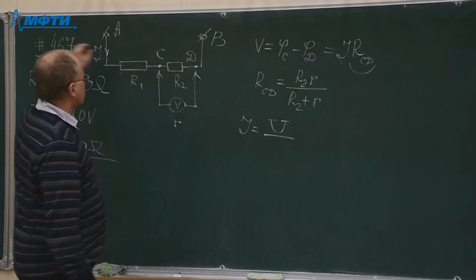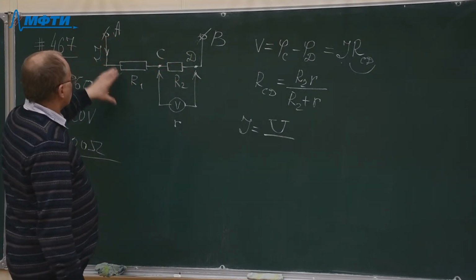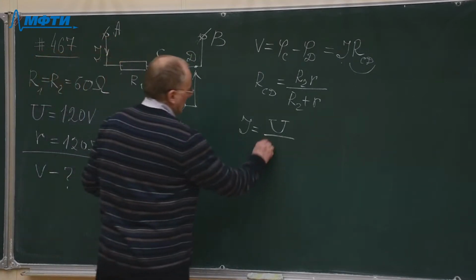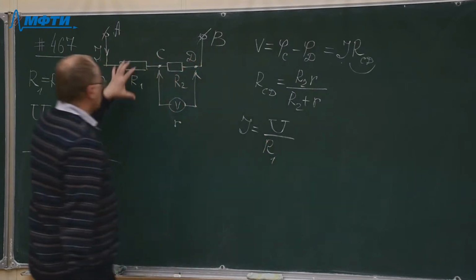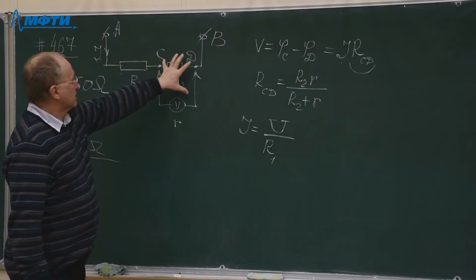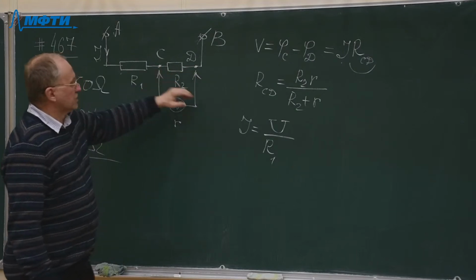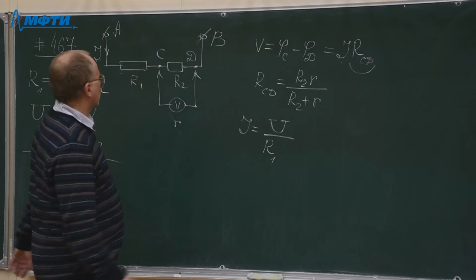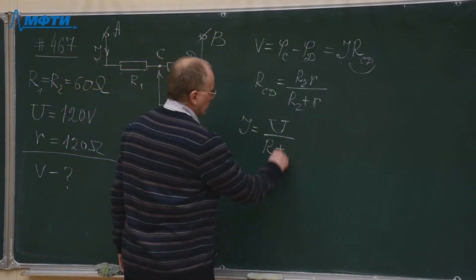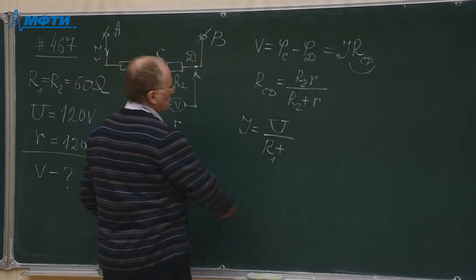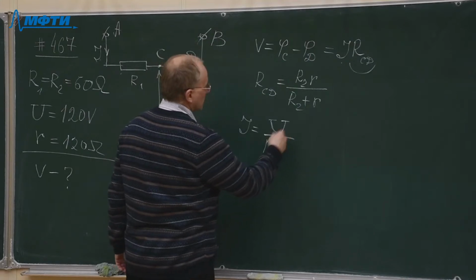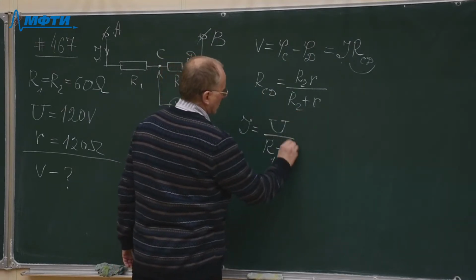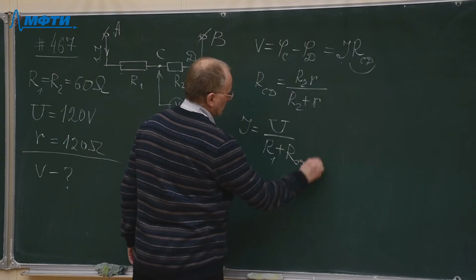And the total resistance will consist of 2 resistances. First, it's R1, and then the resistance between points C and D, which we have just calculated. These two resistances are connected in series, so the total resistance will be just the sum of these two resistances, R1 plus RCD.